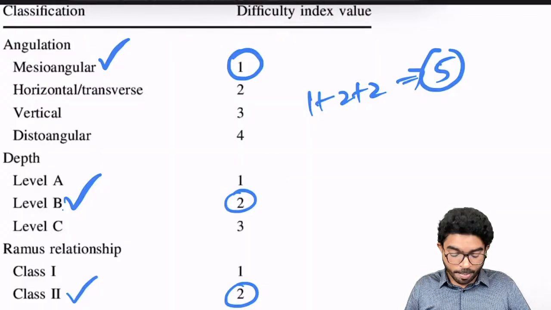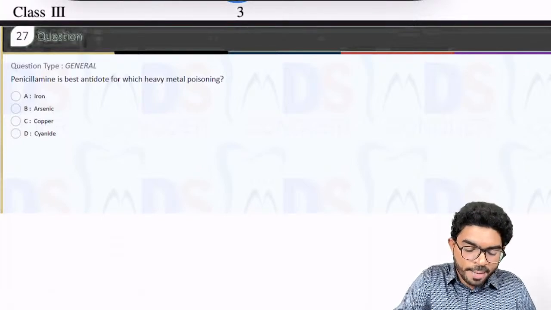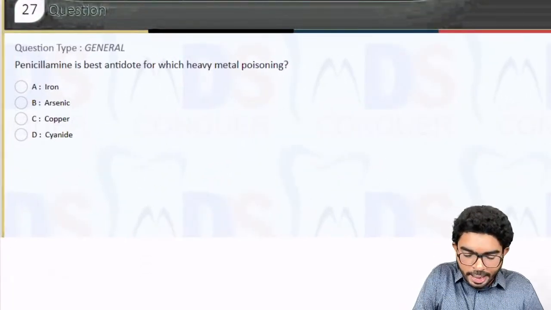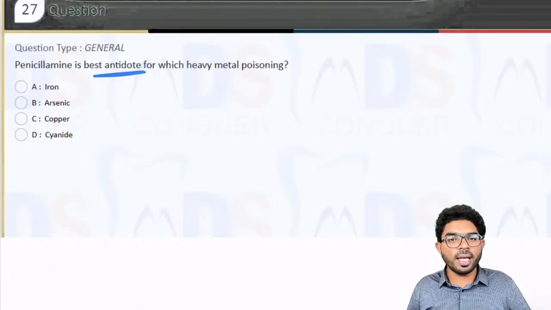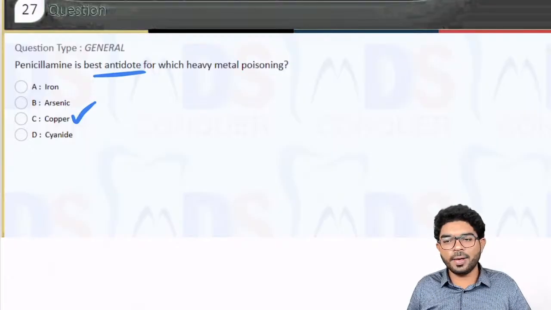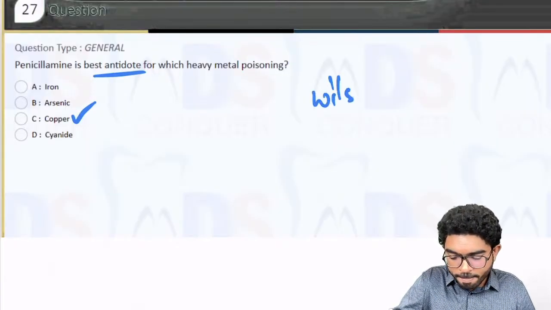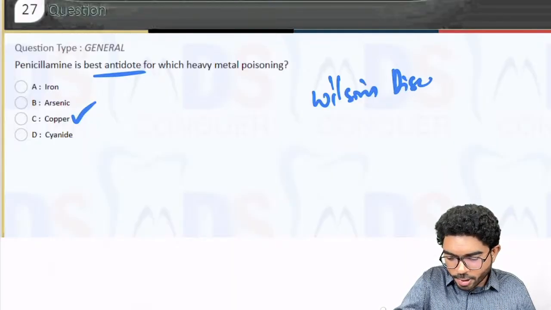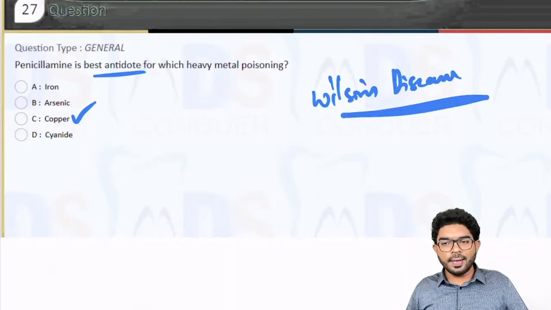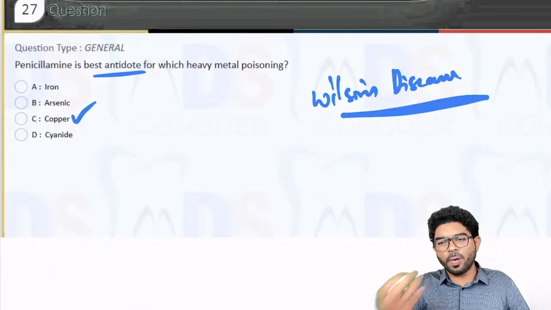Okay, then I'm jumping into 27. Of course, I have discussed this. Penicillamine, I clearly mentioned, is an antidote that is useful for which of the following ions? It is useful for copper. And I discussed this copper in your biochemistry class, when I was talking about Wilson's disease. Wilson's disease is a very, very important concept, which is covered in your general medicine part. So it's an integrated question. Wilson's disease is talking about the copper abnormality, excess copper.